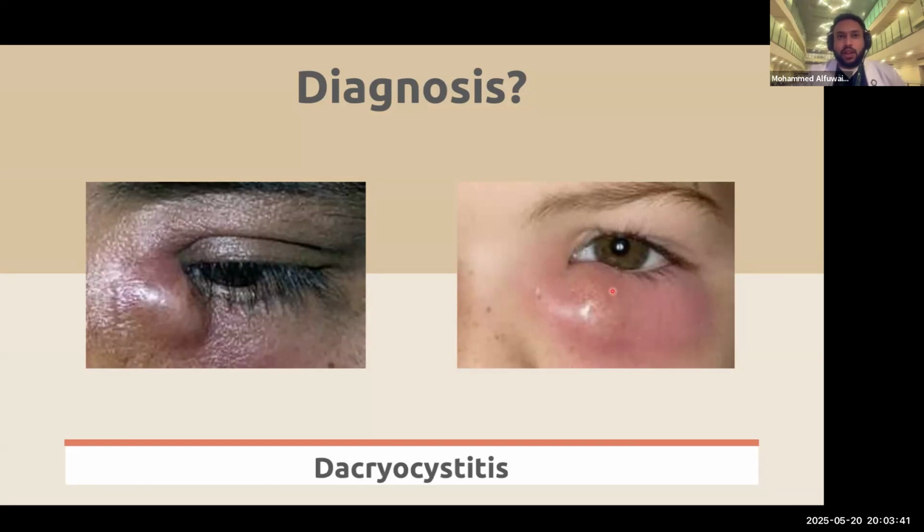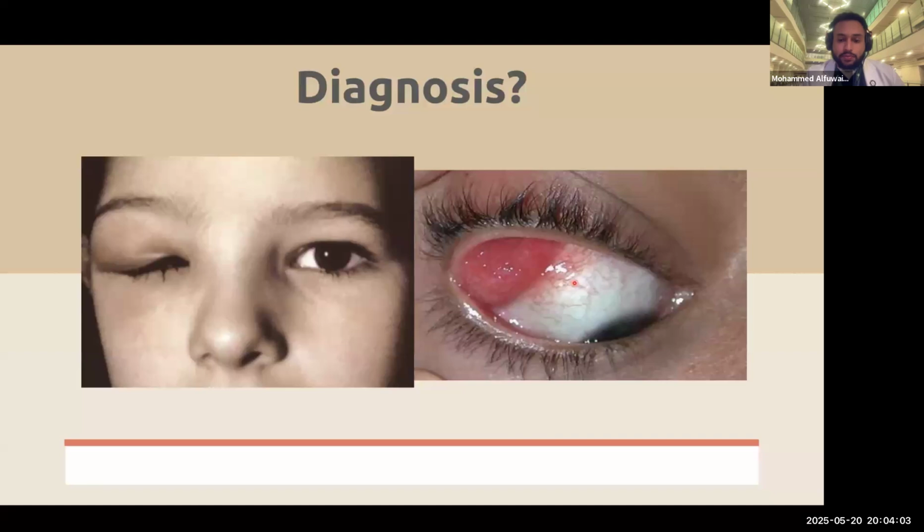Inflammation of the lacrimal sac, nasolacrimal duct, whatever. It usually presents as an enlarging, red, swollen mass at the medial canthus. That's crucial. Don't worry how to manage this patient, but it's very straightforward because it's a bacterial infection.